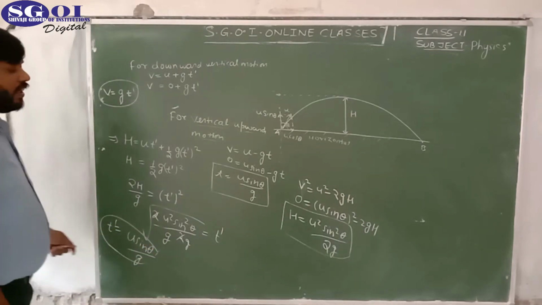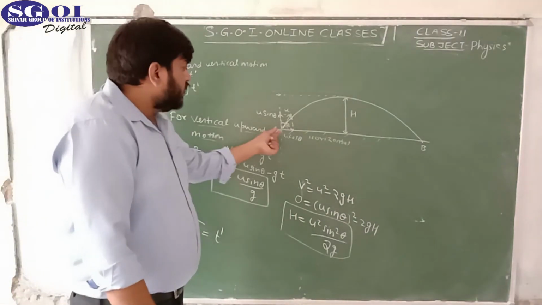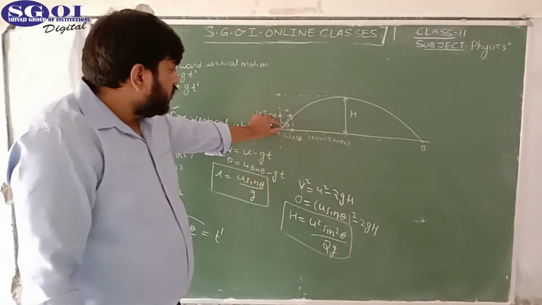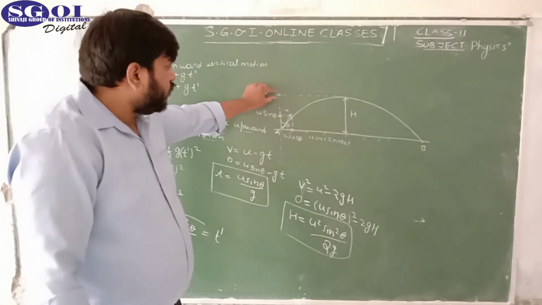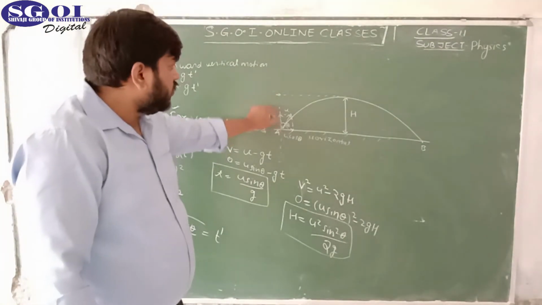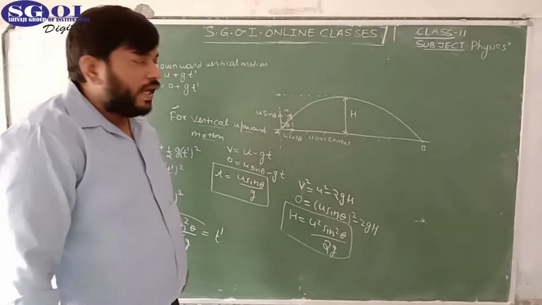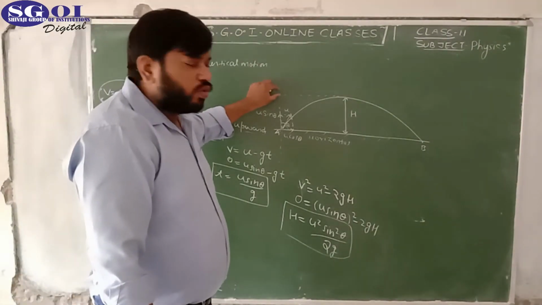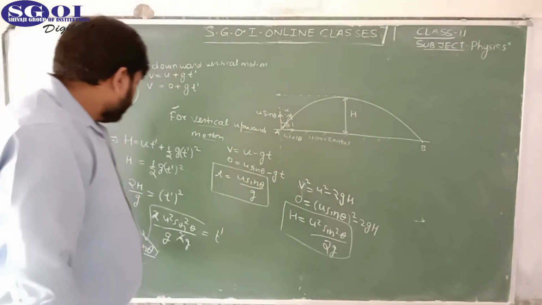So you can see here that the time t which the object takes to reach this position from the ground, from the horizontal, and the time t dash which the object takes to come down again at the same place, both are the same.